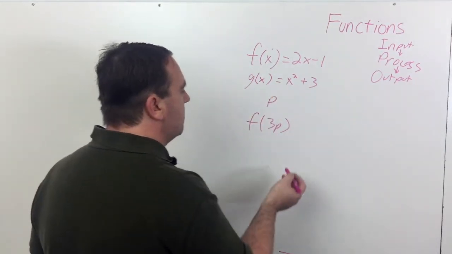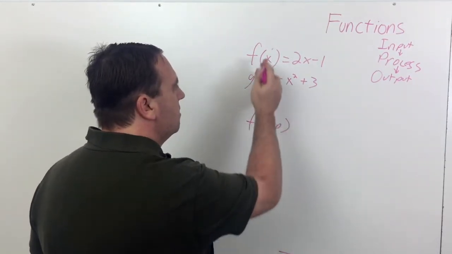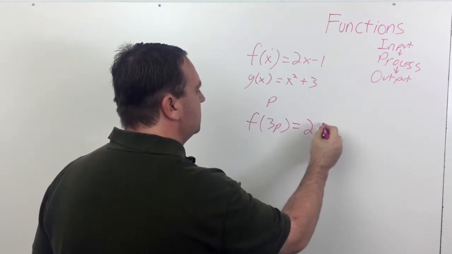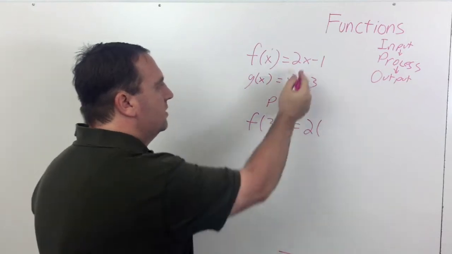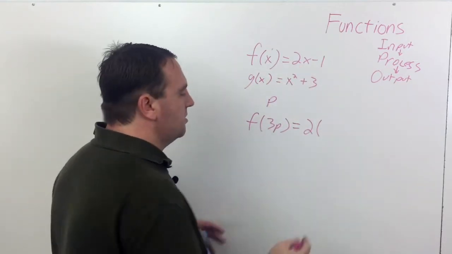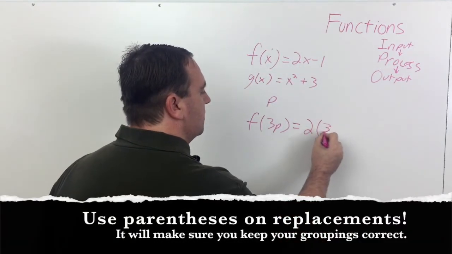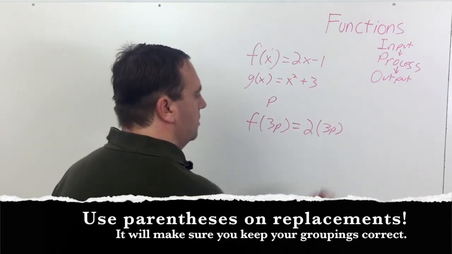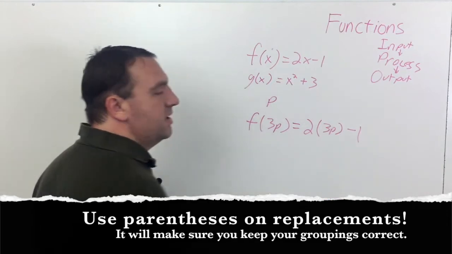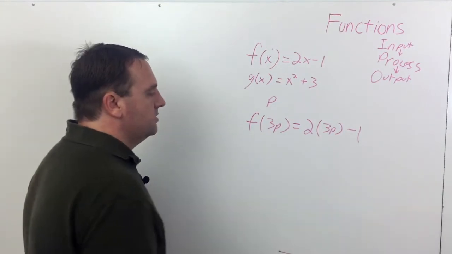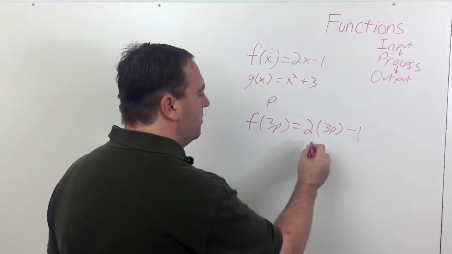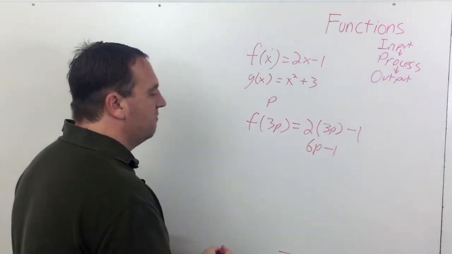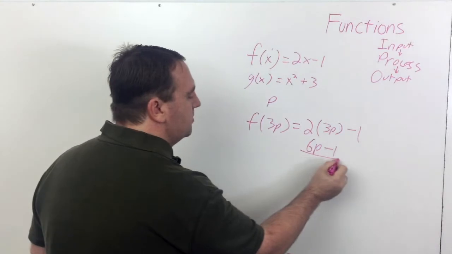So 3P, we put 3P in for X. So this is going to be 2 times X. And anytime I replace a variable with a complicated expression, I like to put it in parentheses because it reminds me that this whole thing came in as a group. And it will prevent you from making errors later on. Okay, so 2 times 3P, well, that's 6P minus 1. So F of 3P is 6P minus 1.